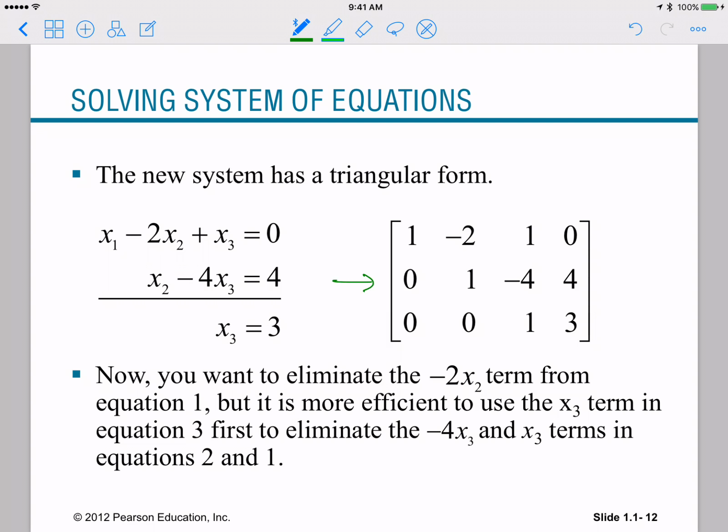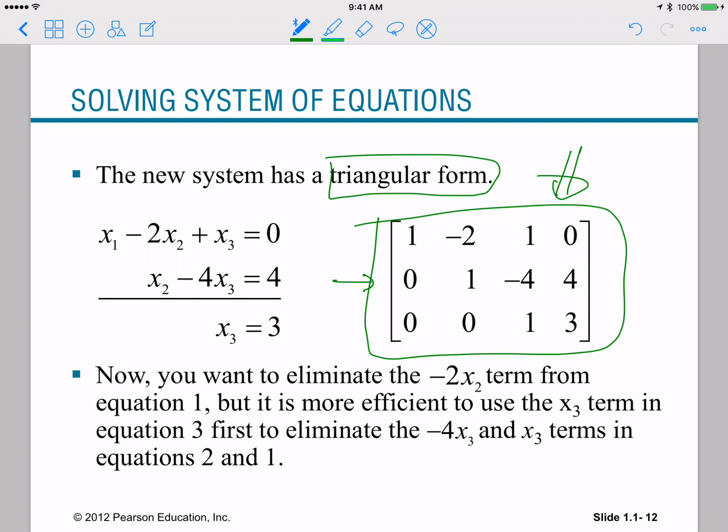Okay, so in this matrix form, we now have this kind of form. And then from this matrix, when looking at the shape of this matrix, we can see that it's kind of a triangular form, or it has some kind of a staircase.